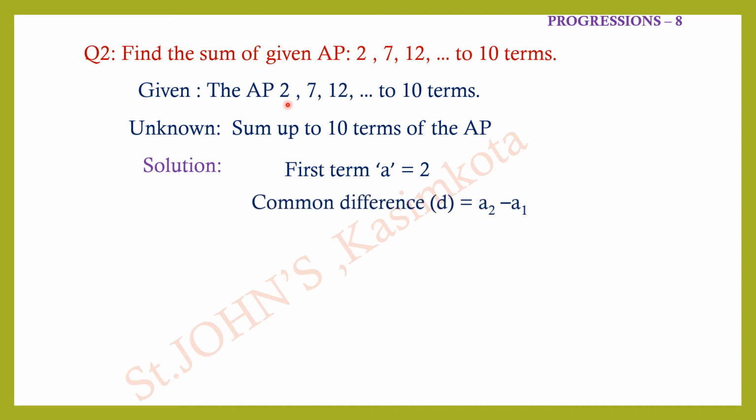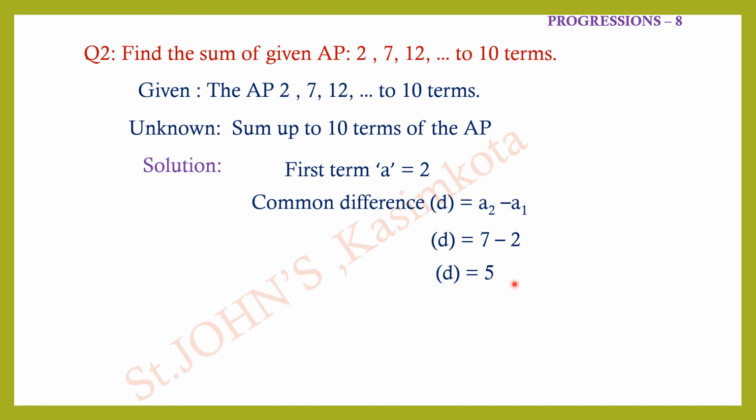The value of a2 here is 7, so 7 minus 2, we get 5. Therefore common difference d is equal to 5.